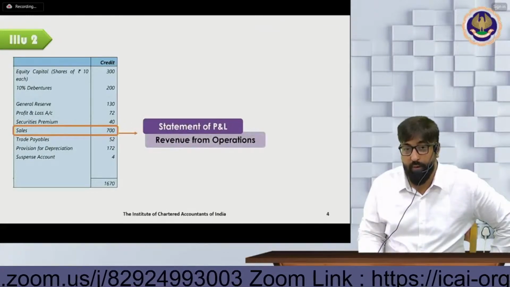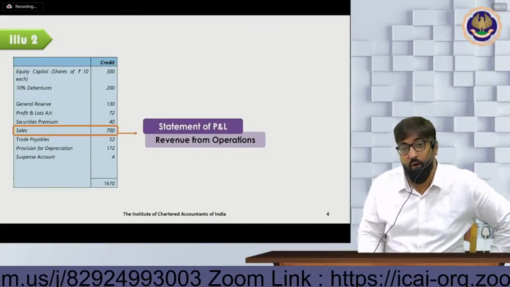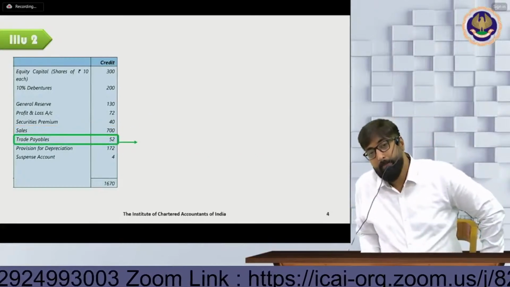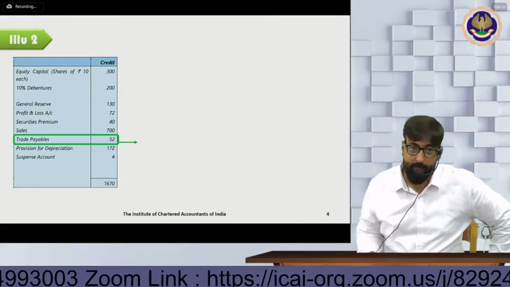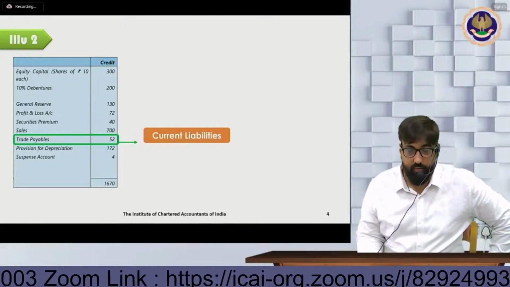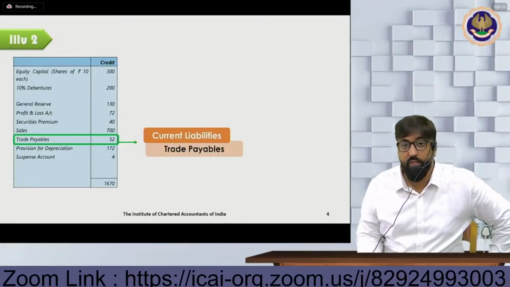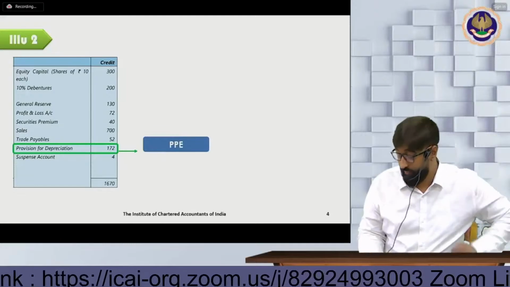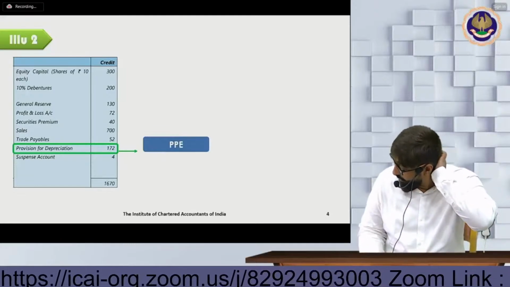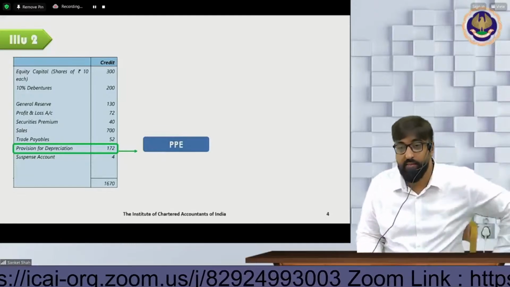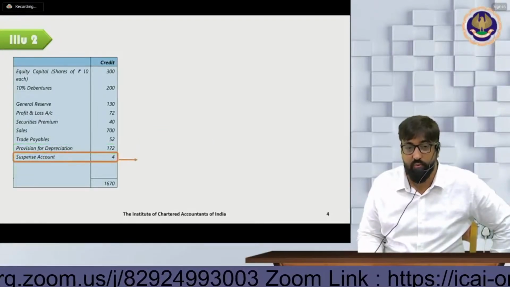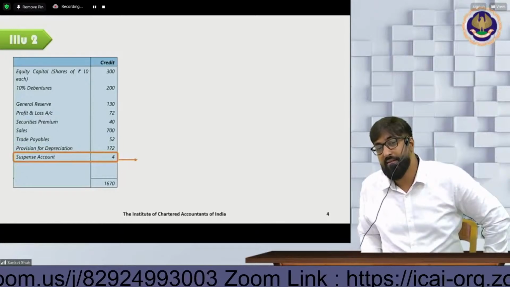Revenue from operations, because sales is revenue from operations. Okay. Trade payable. Separate head. Current liabilities. Very good. Provision for depreciation. Minus from property, plant and equipment. Yes, reduce from the asset. And suspense account.